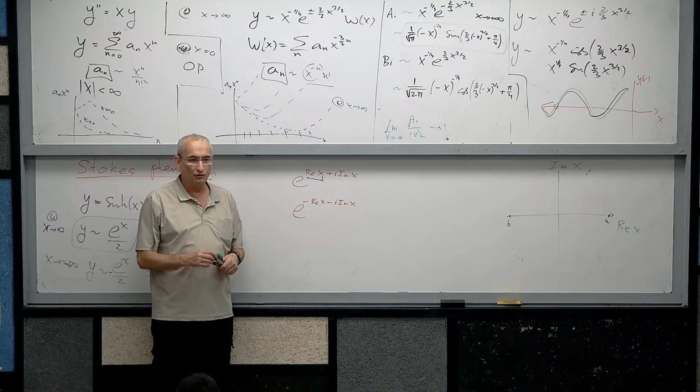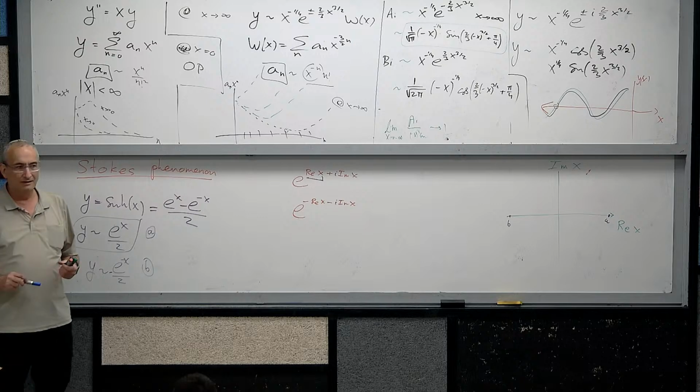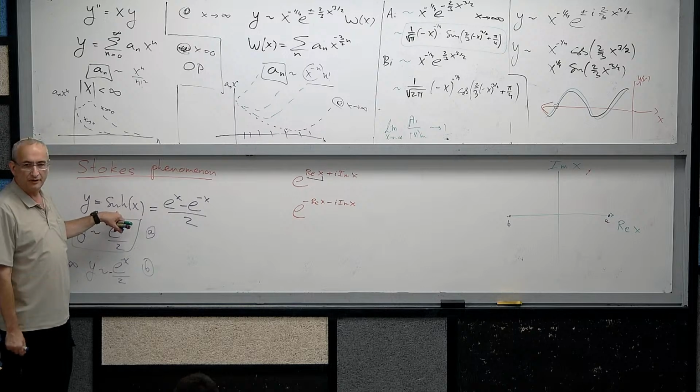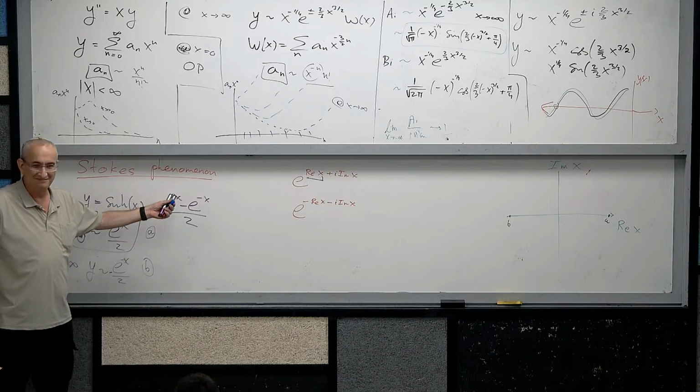Real x is 0. What happens when real x is 0? You're on this line. Think about this function when x is purely imaginary. It becomes the sine function, and it oscillates and there is no asymptotic behavior.